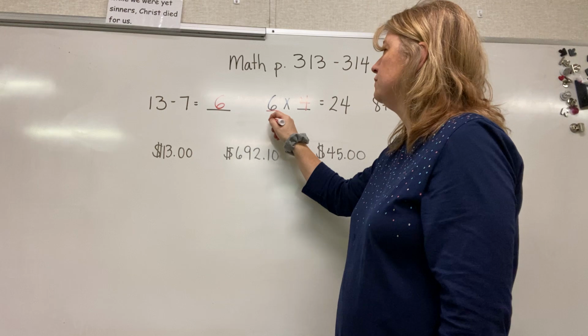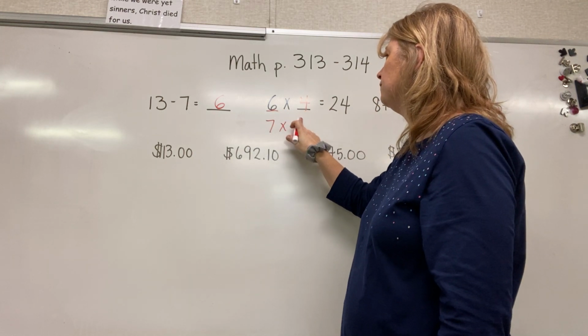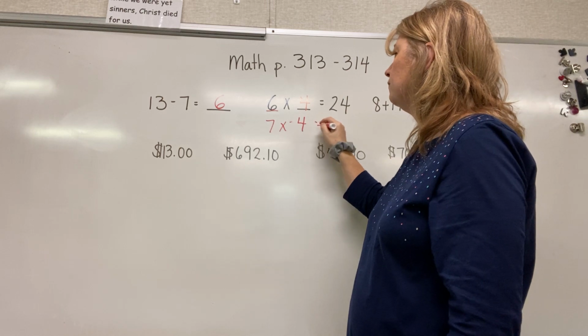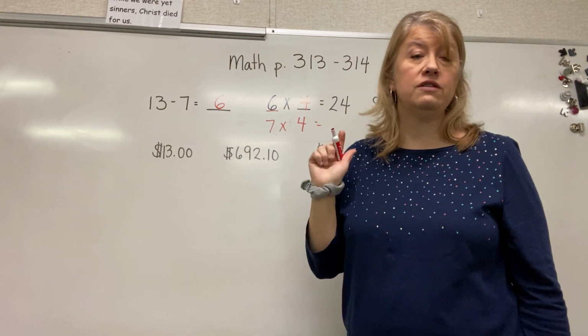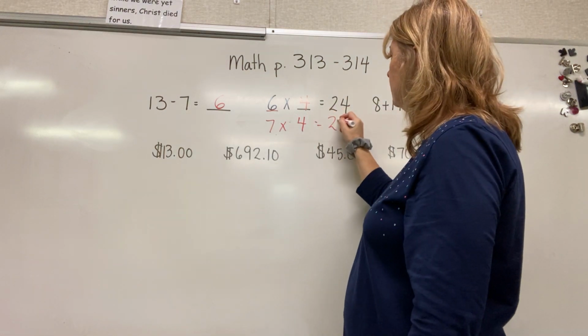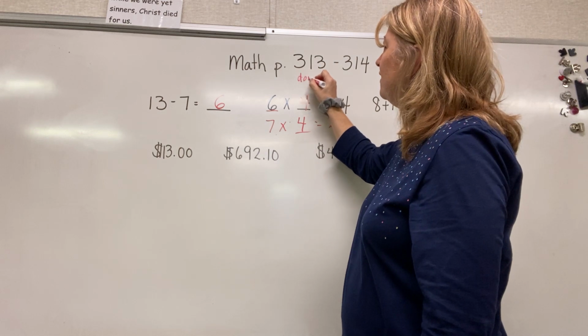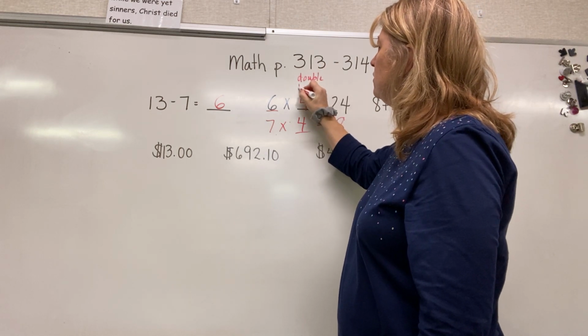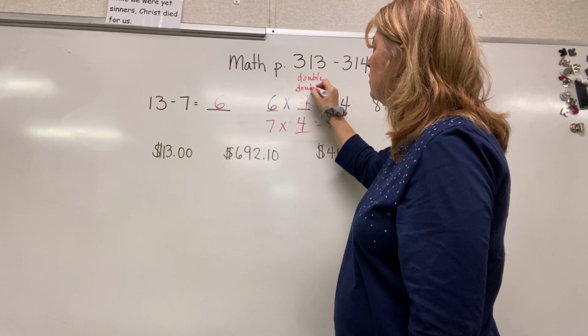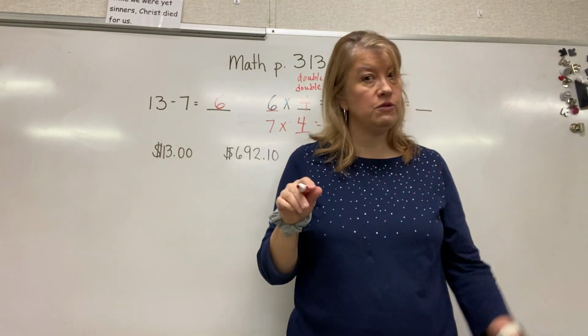For example, let's do another one. 7 times 4. 7 plus 7 is 14. 14 plus 14 is 28. So your 4s are fairly easy. For 4s, you just double, and then double again.